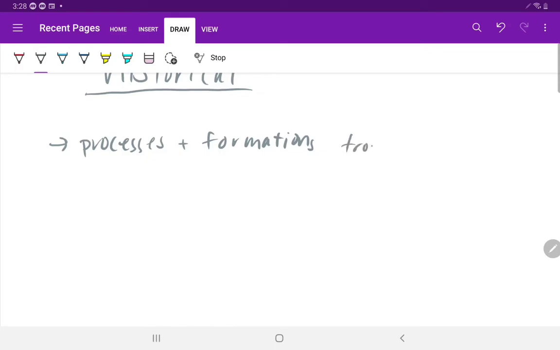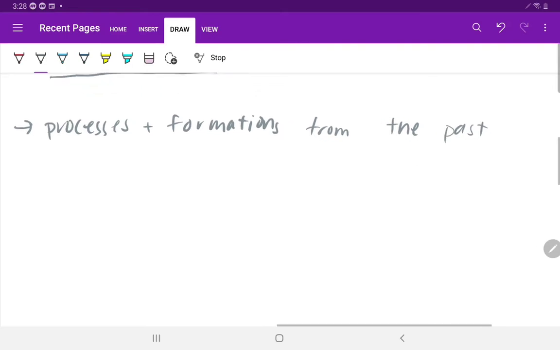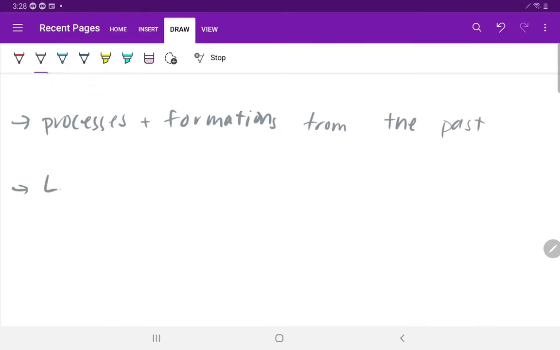One important thing to note when looking at historical geology is how old the Earth is. The Earth is actually 4.6 billion years old. Because it's so old, there has been so much time for things to happen in the past, and within those time spans, maybe things were occurring differently than how they occur today.